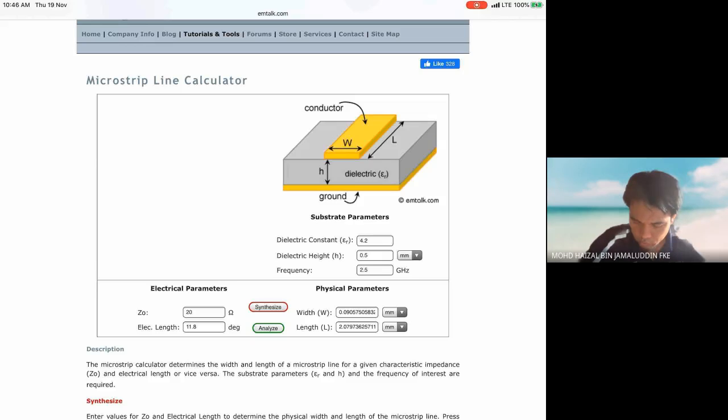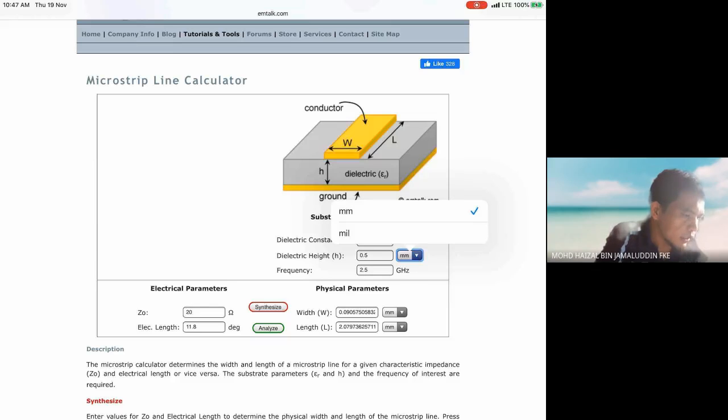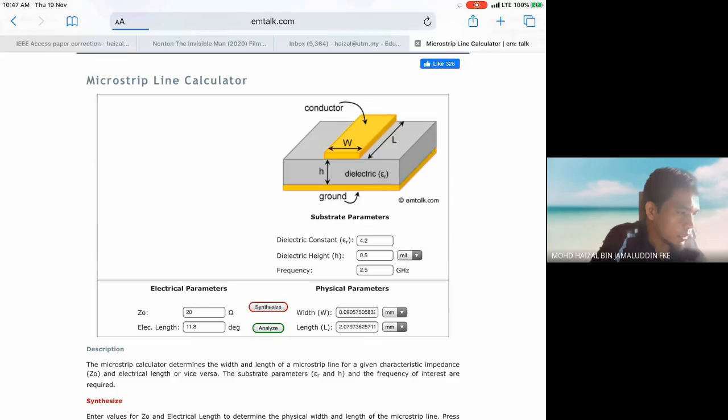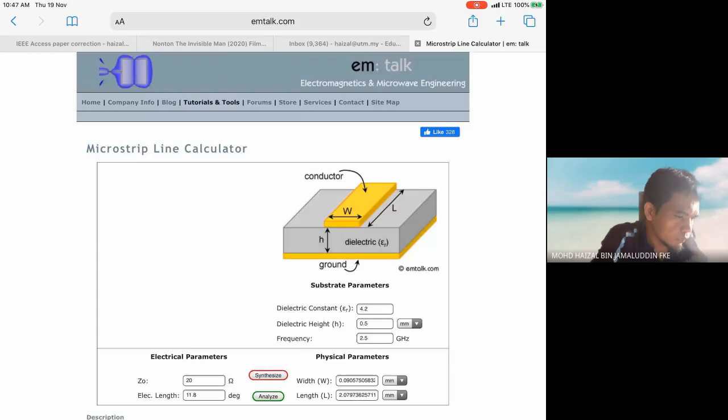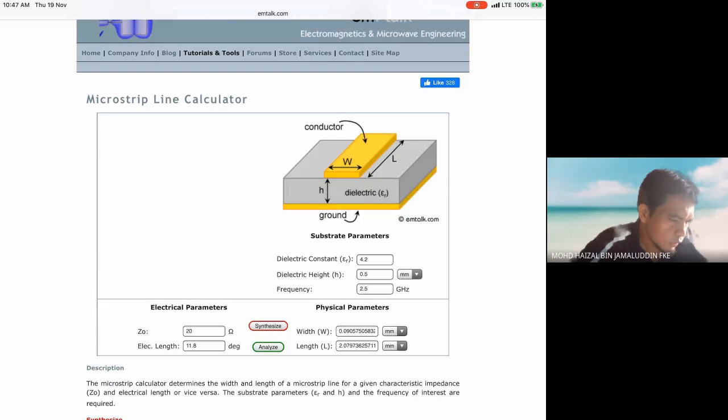For the width, sorry, the value should be in mil, given the unit is in mil. Let's see, we compare with the book. The value is quite far away.